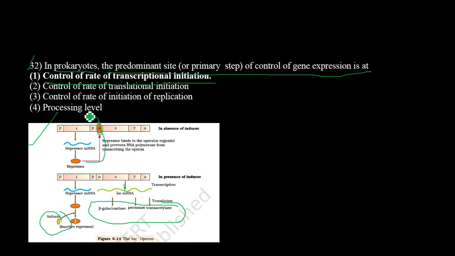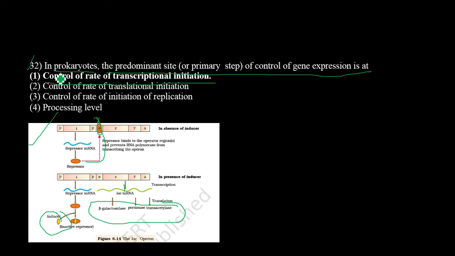Hence, it will stop the initiation of transcription. If initiation starts, again it leads to formation of enzymes. Hence, the regulation of gene expression occurs by stopping initiation of transcription. Question number 32 answer is option 1.